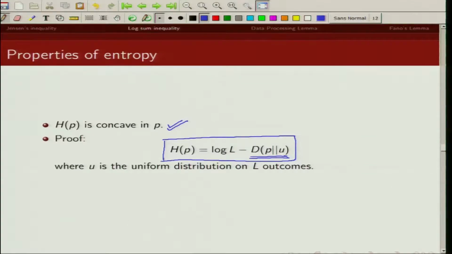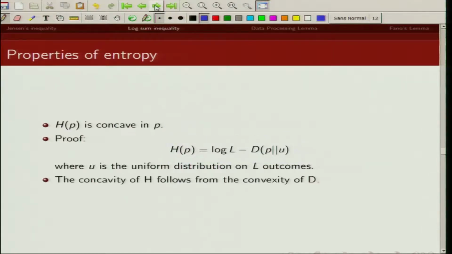That is because log L is just a constant. So as a function of P, the entropy H(P) is a concave function. The concavity of the entropy function follows from the convexity of the divergence function.